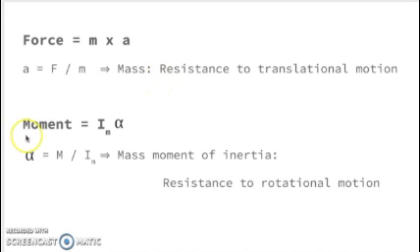Analogously, if we look at rotational motion, moment is equal to some formula which is analogous to the mass here, times angular acceleration. So when we solve for angular acceleration, we see that this value is inversely proportional to the angular acceleration. And so this value, we call it mass moment of inertia, and it causes resistance to rotational motion. So mass moment of inertia is the rotational analogue of mass.